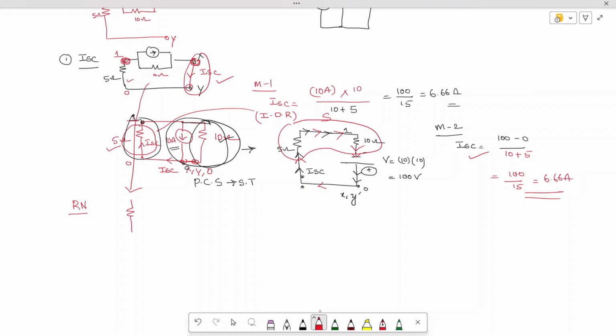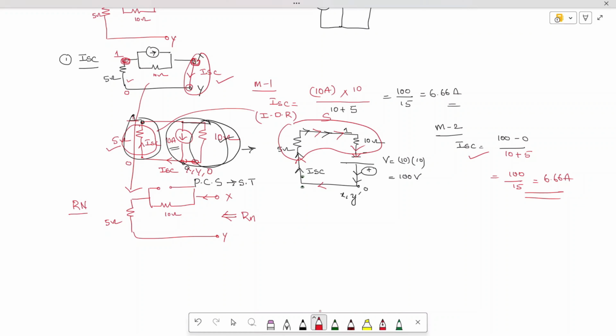Here we have a 5 ohm resistor and a current source. The current source you have to deactivate, meaning you have to make it open, and it is connected to a resistance of 10 ohm. This is node X and this is node Y. You have to remove the load resistor. The load resistor is not given, so it is already removed, and looking from the removed load resistance, find R Norton.